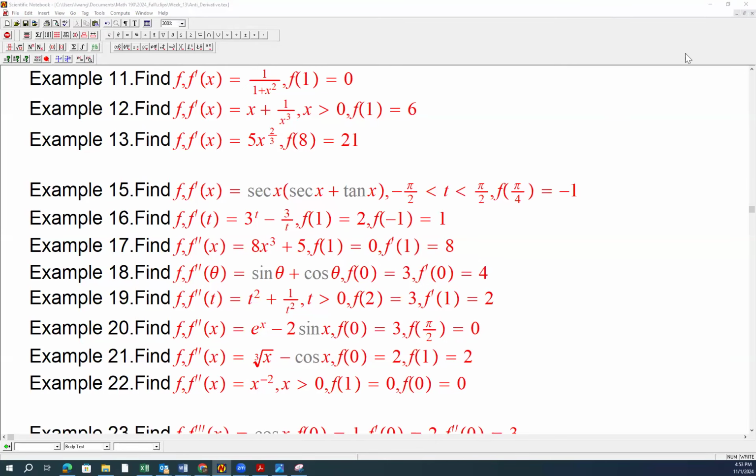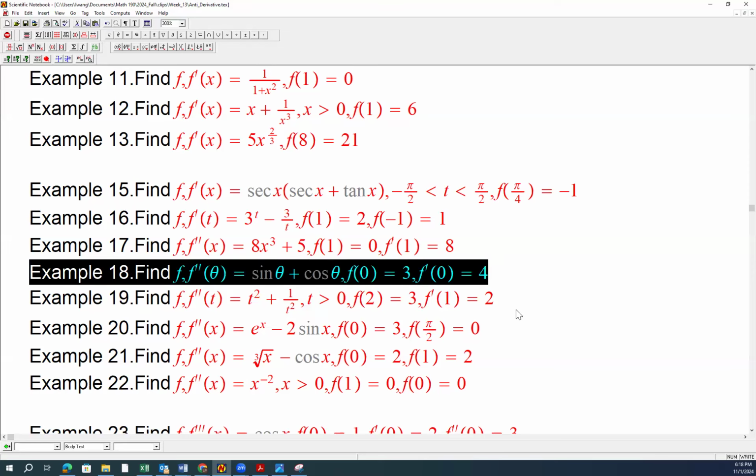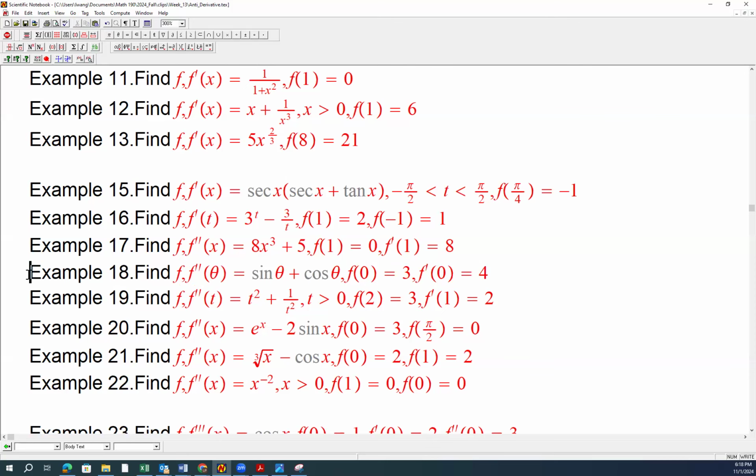I think for the following questions, I will just select 2 more. One is 18, which involves trig functions, and then I will choose number 20. 18 and 20.